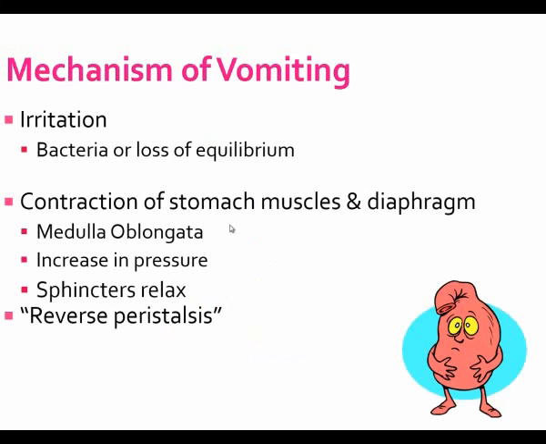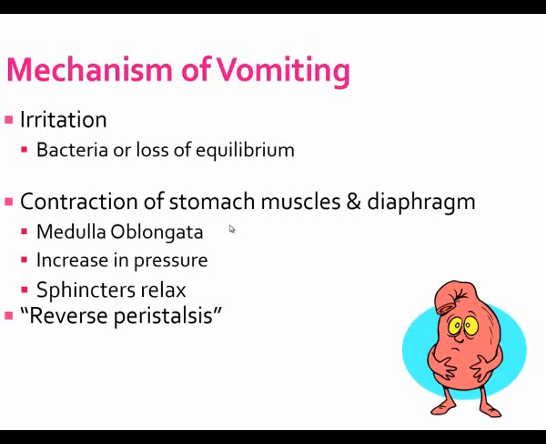Mechanism of vomiting: there's irritation, so there's some bacteria or some loss of equilibrium of some sort, and so basically the medulla oblongata is going to be where that mechanism of vomiting is. It's called the emetic center. And this is what's basically in the medulla oblongata that is triggering this vomiting, if you will.